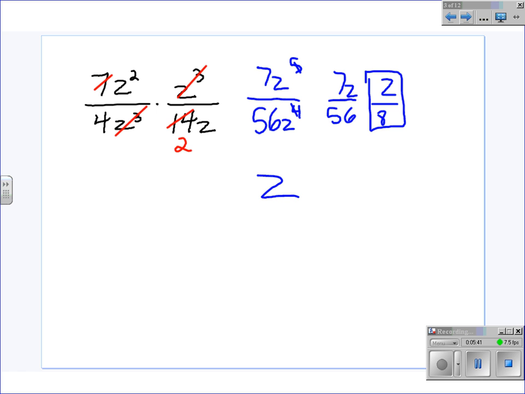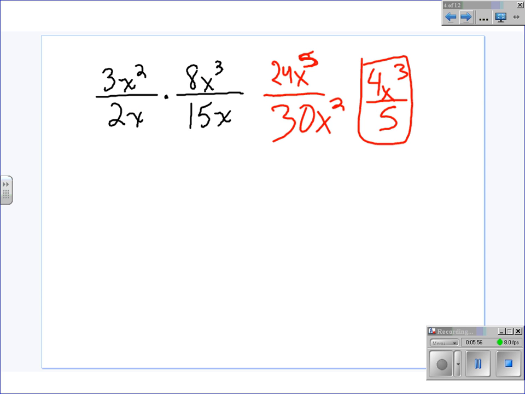What can z not be equal to? Look at your denominator. 0 also, because we have all these z's down here. There's no addition or subtraction going on, it's all just multiplication. On this one, 0. What can x not be equal to? 0.